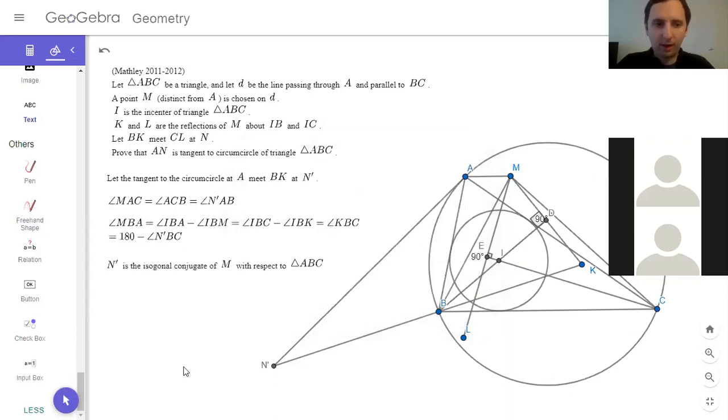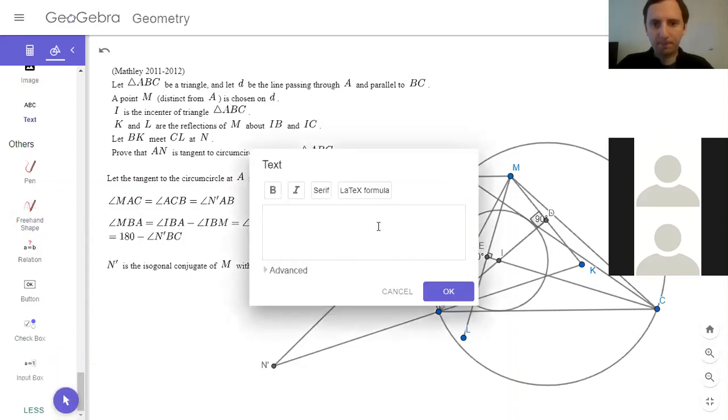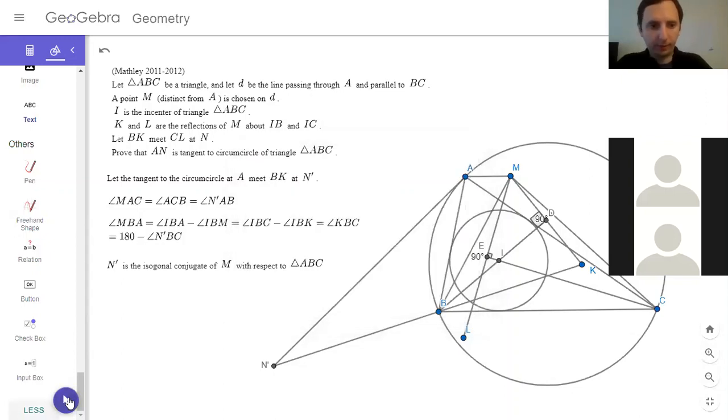And similarly, let me write it like this.